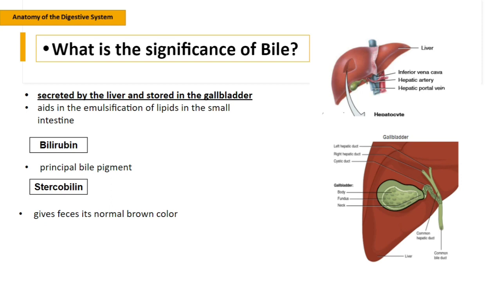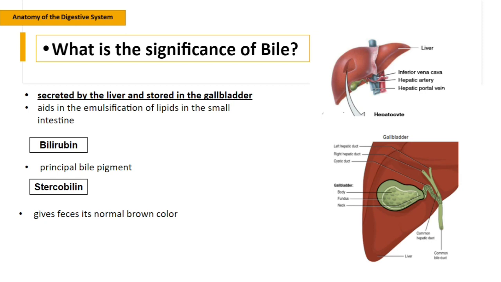But please do take note that the bile is secreted by the liver and it is only stored in the gallbladder. Kaya nga siya bladder eh. Diba, ano ba ang purpose ng bladder sa urinary system? Diba, mag-store ng urine. And in this case naman, in the digestive system, the gallbladder is a storage area of bile that comes again from the liver.